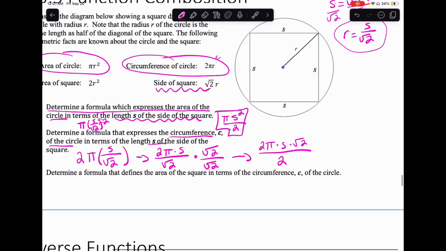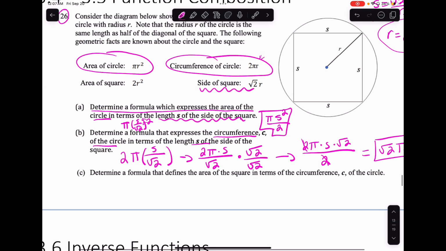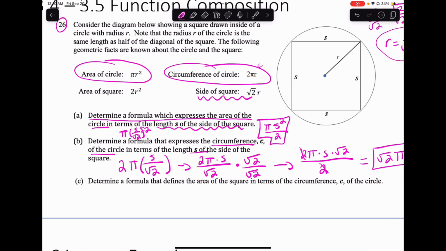So here we can simplify further. Since we're multiplying everything in the numerator, we can cancel out the 2's right here. So we're left with square root of 2 times pi times s. Like that. So again, you just have to review how to simplify things using your algebraic skills.